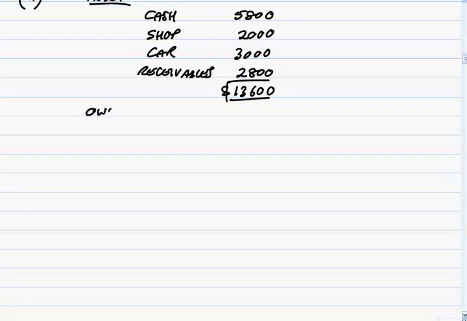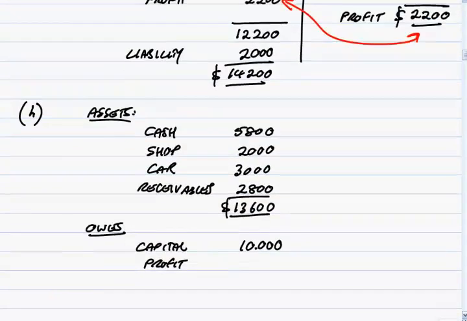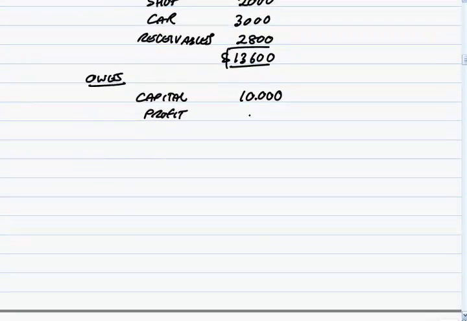How much do we owe? Well, the original capital was 10,000. We've made a profit. What was it? 2,200. And of course that hasn't changed. We haven't bought any more goods, we've not sold any more goods, we just paid an amount we owed.